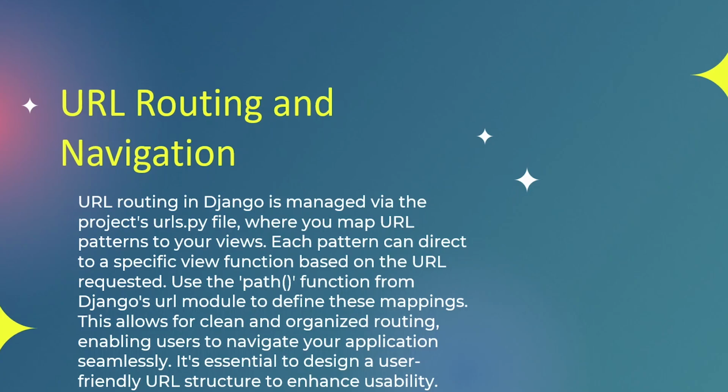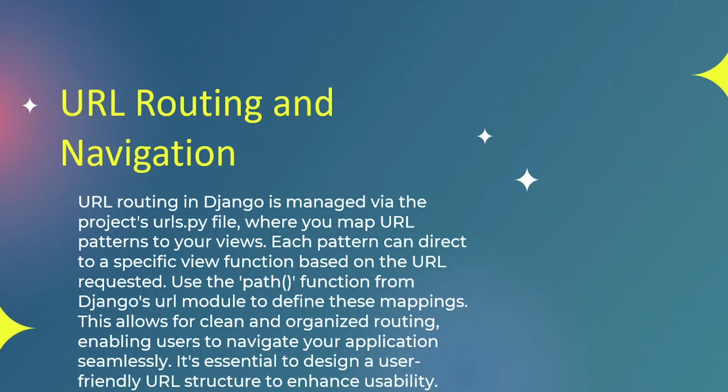And what is the use of all of this? Django's URL module helps you define this mapping and allows for clean and organized routing, which enables users to navigate the application seamlessly. It's essential to design a user-friendly URL structure to enhance usability.